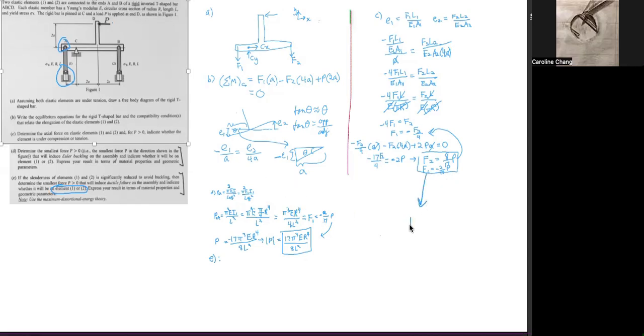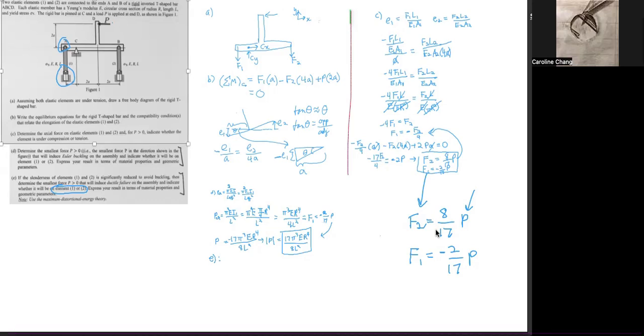As we can see over here, we found that F2 is equal to 8 over 17 P, and F1 is equal to negative 2 over 17 P. So since F2 is greater in magnitude than F1, the value of P for F2 will be smaller, if the stress at which it fails in both is the same for each one because of the symmetry of this problem.